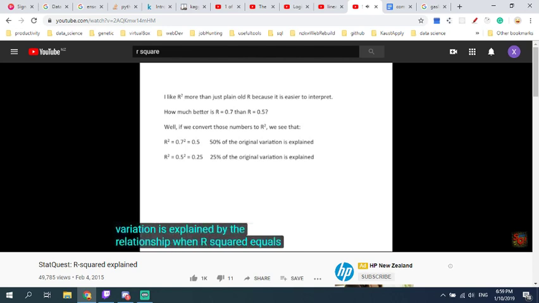When r squared equals 0.5 squared, which equals 0.25, we see that only 25% of the original variation is explained by the relationship.